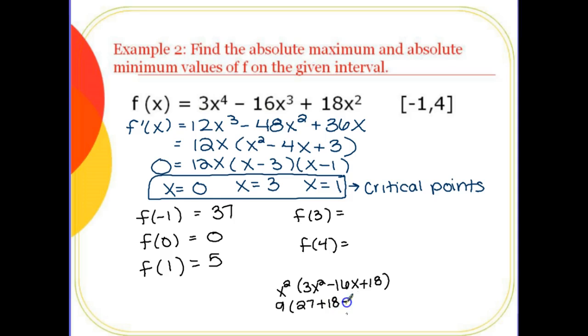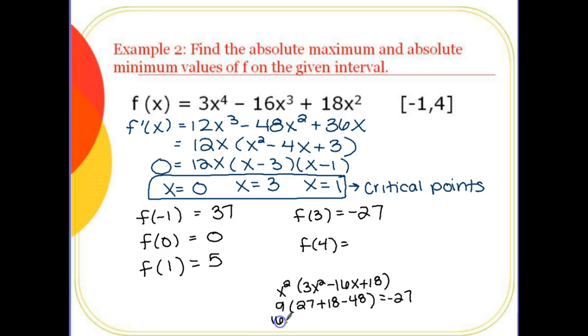Plus 18. So that's 37. To me it's easier to do it that way. Like to get 45. 45 minus 48 is negative 3. Negative 3 times 9. See, that's not bad.